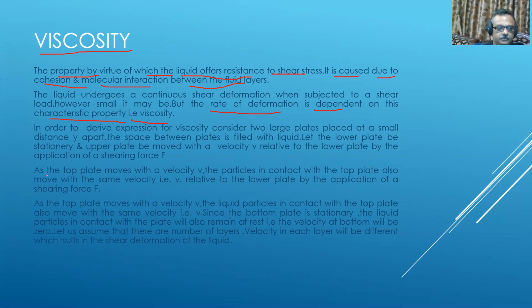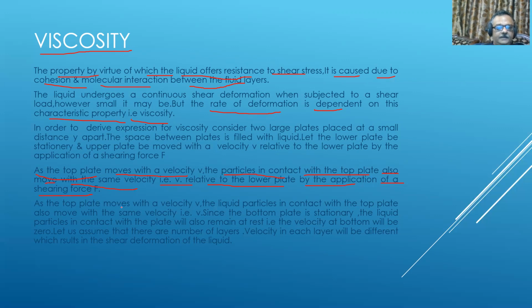So students, सुन लो, as the top plate moves with a velocity v, the particles in contact with the top plate also move with the same velocity, that is v, relative to the lower plate by the application of a shear force F. Okay, students.